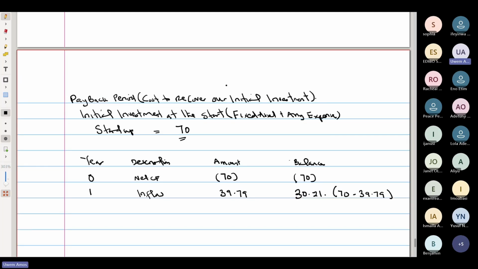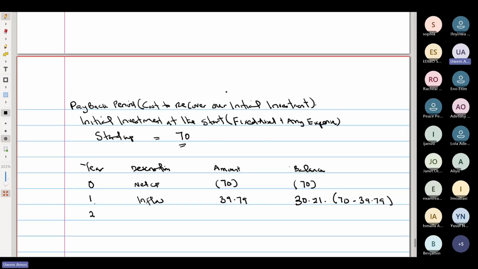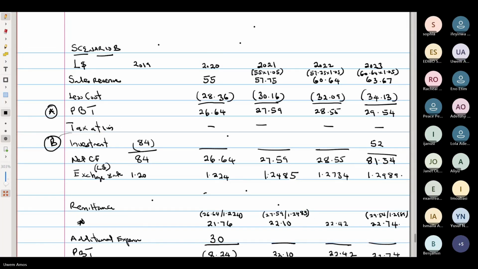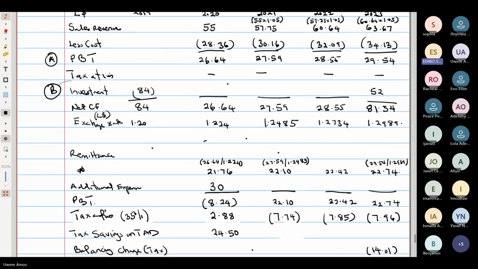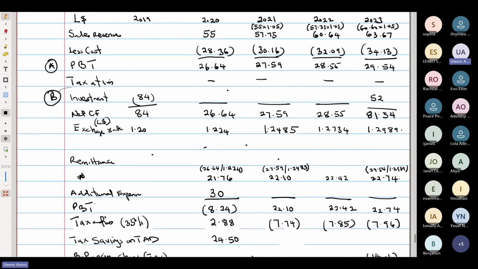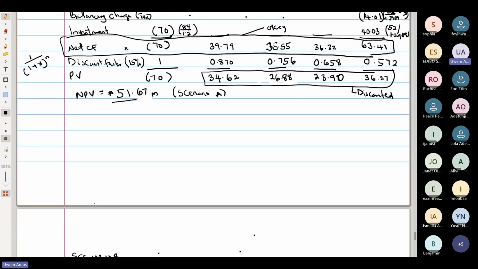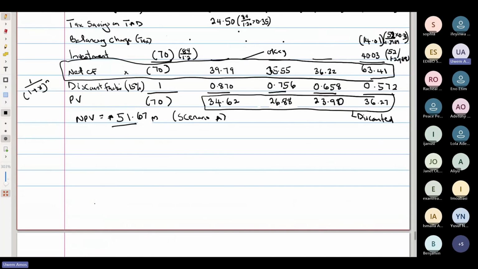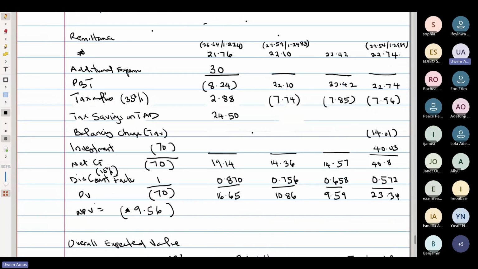In year two, what's our inflow in year two? Where's our scenario A? Okay, this is scenario B. Yeah, 35.55 is what we had in year two.